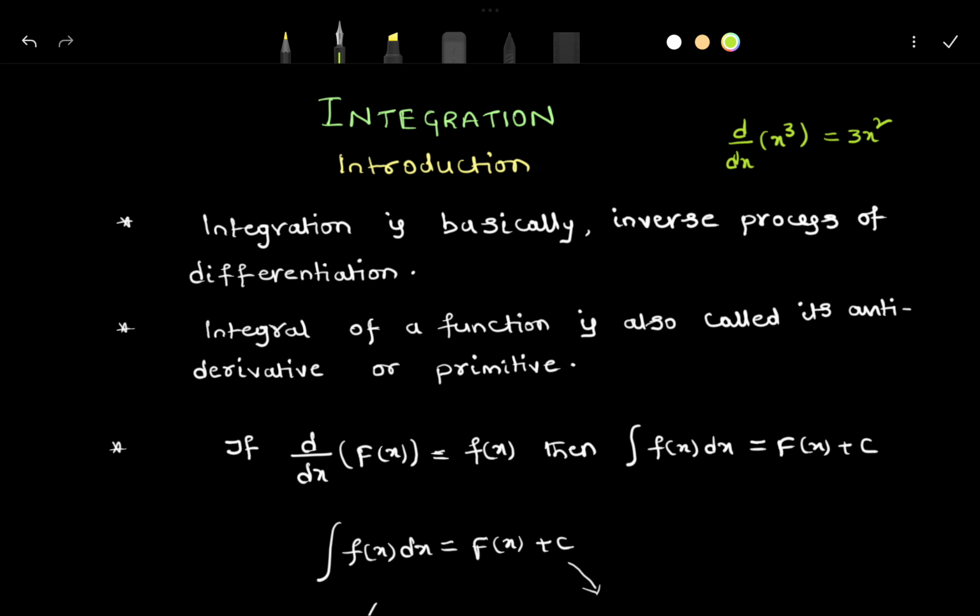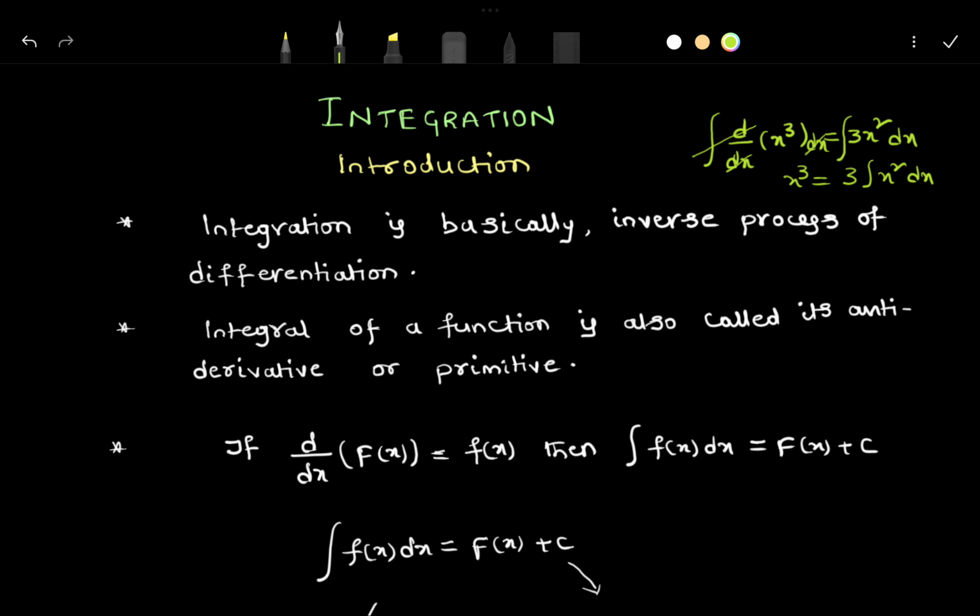Now, if you do the integration, the symbol of integration will be this one. So if you do the integration, we can write this multiplied with dx. So here, dx and dx will cancel, derivative and integration will cancel. So what is the resultant value? x cube is equal to the integration of 3 into x square into dx.